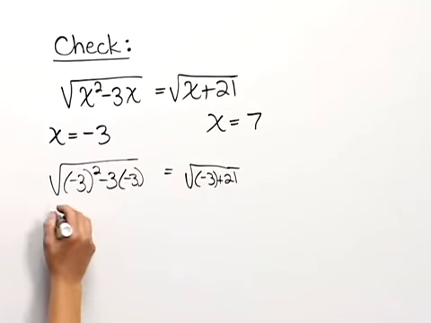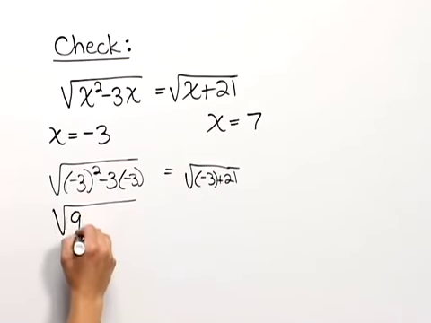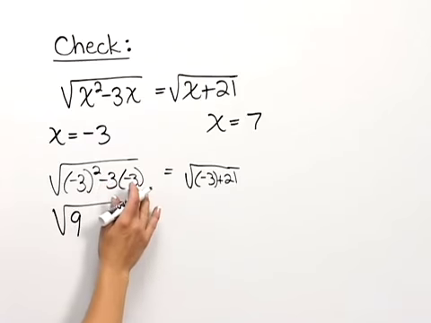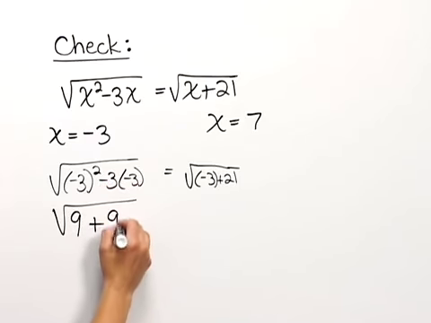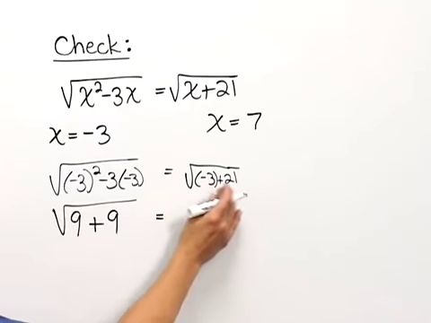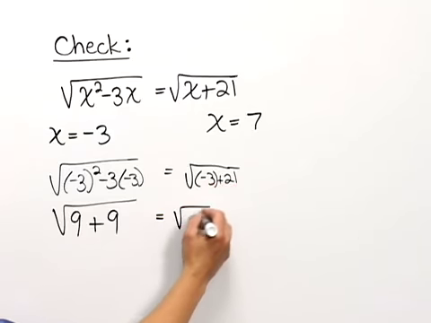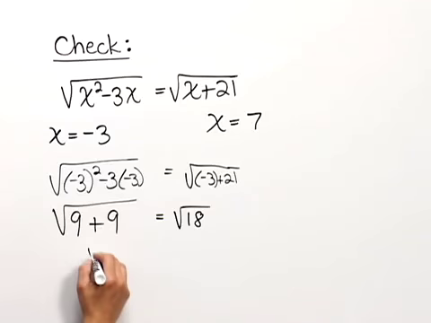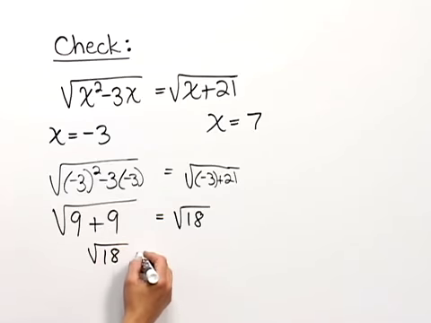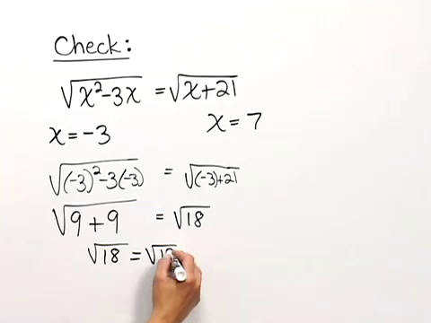Over here, negative 3 squared is 9, and negative 3 times negative 3 is 9. Over here, negative 3 plus 21 is 18, and when I add those, I get square root of 18 equals square root of 18. That's true. So the negative 3 worked just fine.